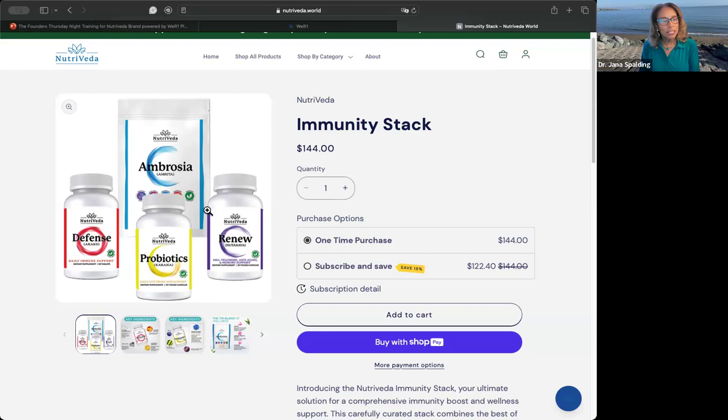I just thought I'd mention one last thing about Renew. Renew contains a product called NDM, and that product is what helps energy and oxygen get into each one of our cells.